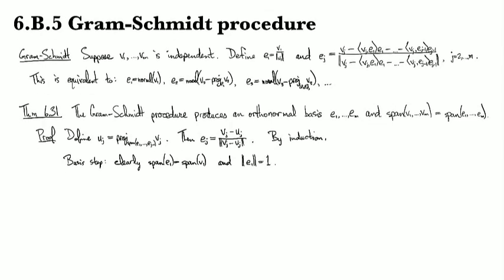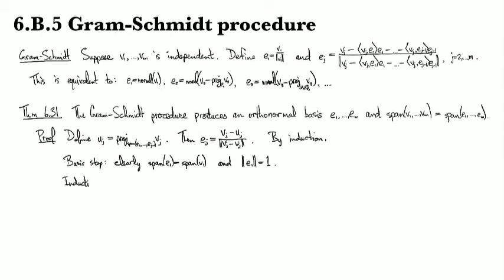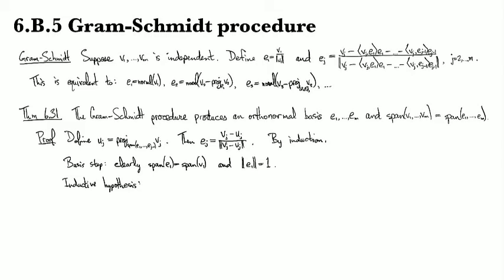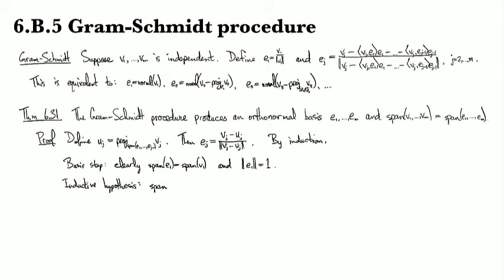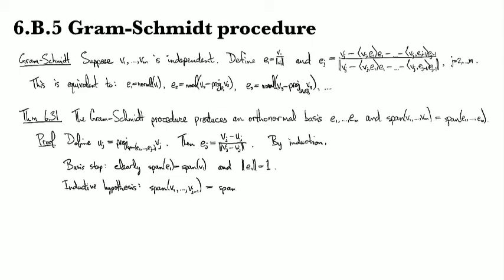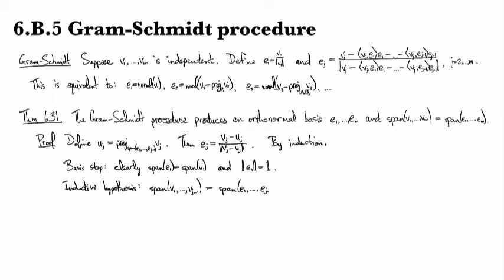All right, so now for the inductive part, we're going to take our inductive hypothesis to be that the span of V1 up to Vj minus 1 is equal to the span of E1 up through Ej minus 1.